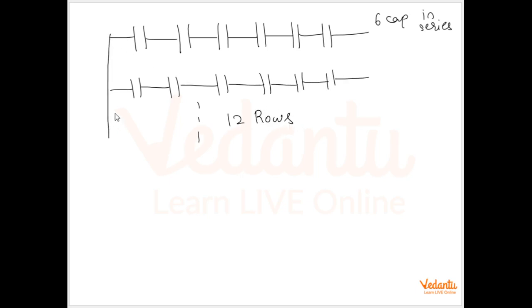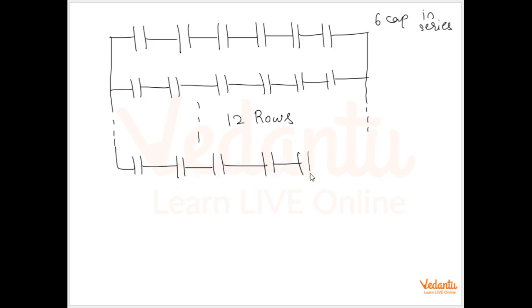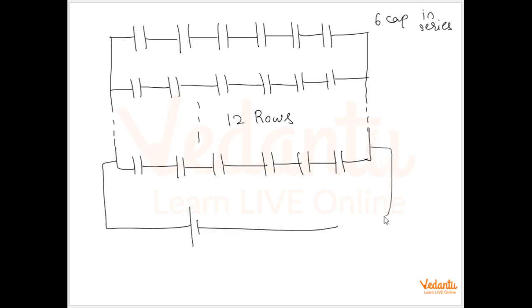Because when I make 12 rows of that, like this, then beta, on connecting a 3000 volt battery, first of all the capacitors will get a potential difference of 500 volts, of course.